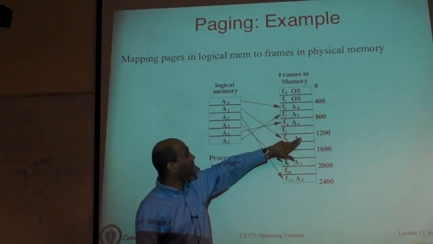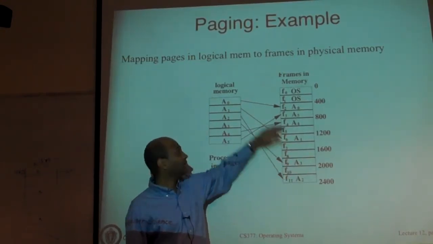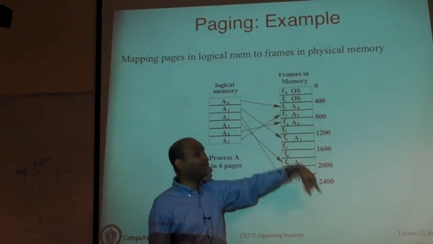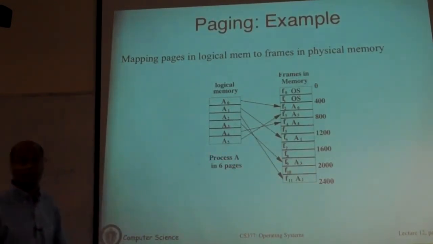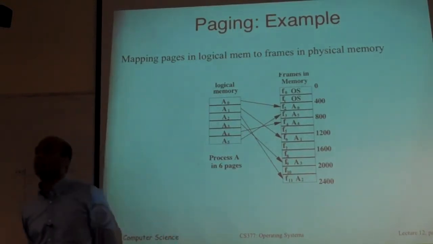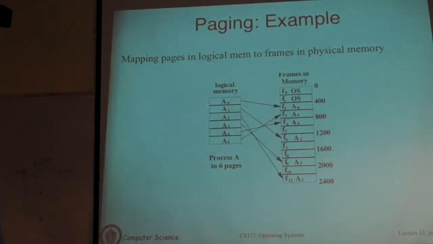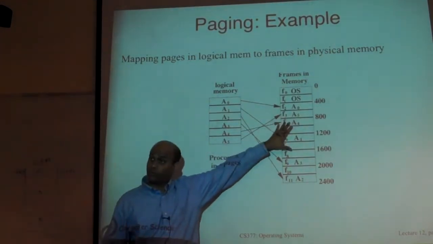Page 0 is here, page 1 is there, page 2 here, page 3 there, and so on. These arrows show you where in memory each of these pages is. Here these are 200 byte pages, just for simplicity, and this process A has 6 pages total allocated. Where are the pages? So, where in memory are the pages?